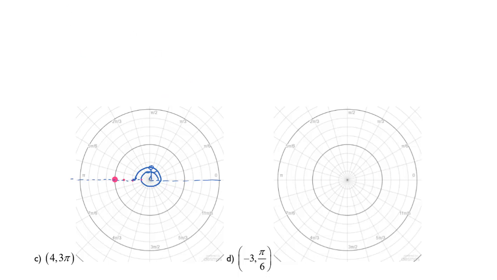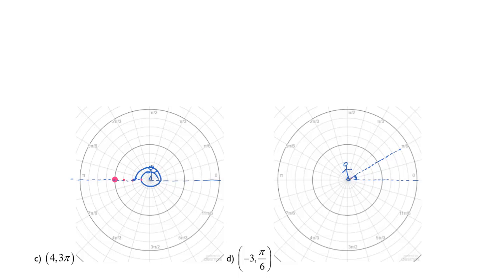Now let's look at the last example we have here, example D. We're given negative 3, comma, pi over 6. And so we need to go pi over 6 in the positive or counterclockwise direction from the polar axis, starting at the origin, rotating through pi over 6. So I'm still standing at the origin, but I am going to just put a dotted line here at pi over 6 and then back up 3 units.